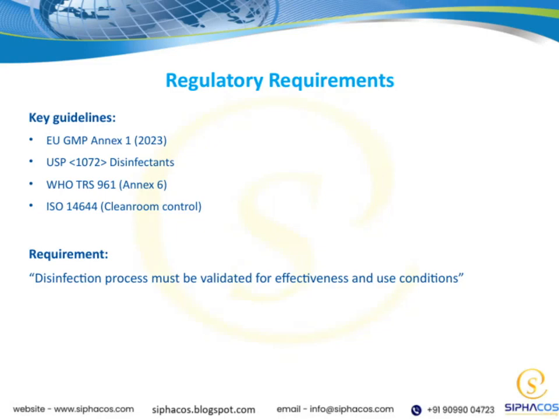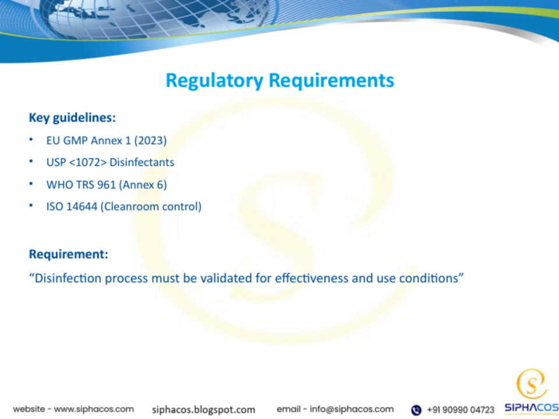Let's take a closer look at the key regulatory requirements that guide our disinfection practices. First, we have the EU GMP Annex 1 from 2023, which sets out the standards for sterile manufacturing and emphasizes the importance of validated disinfection processes. Then, there's USP 1072, which provides guidance specifically on disinfectants, ensuring their proper selection and use.